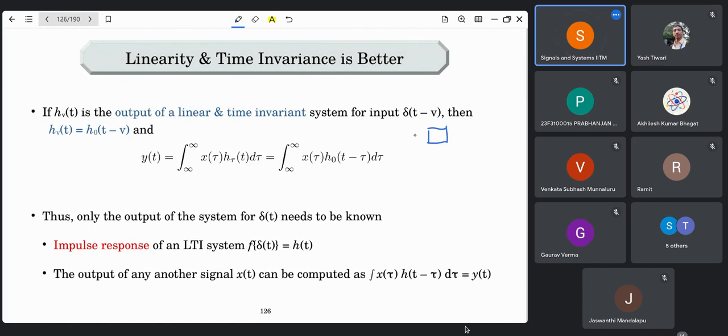When the input of this LTI system is a discrete impulse, let us say 1 at time t equal to 0, and at every other point it is 0, this is my input. The corresponding output, let us say, is some arbitrary function that looks like this. I'm drawing something at 0, 1, 2. Let us say this is 2, this is 1, and this is some 1.5. So this is some output.